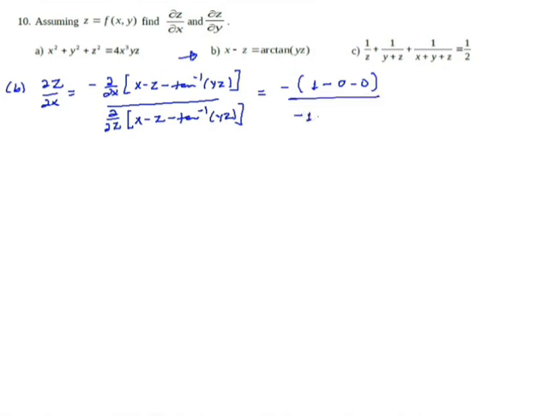minus 1 minus the partial derivative of tan inverse of yz, which is y over 1 plus y squared z squared. Okay, when we further simplify this, what do we get? 1 plus y squared z squared over y plus y squared z squared plus 1.